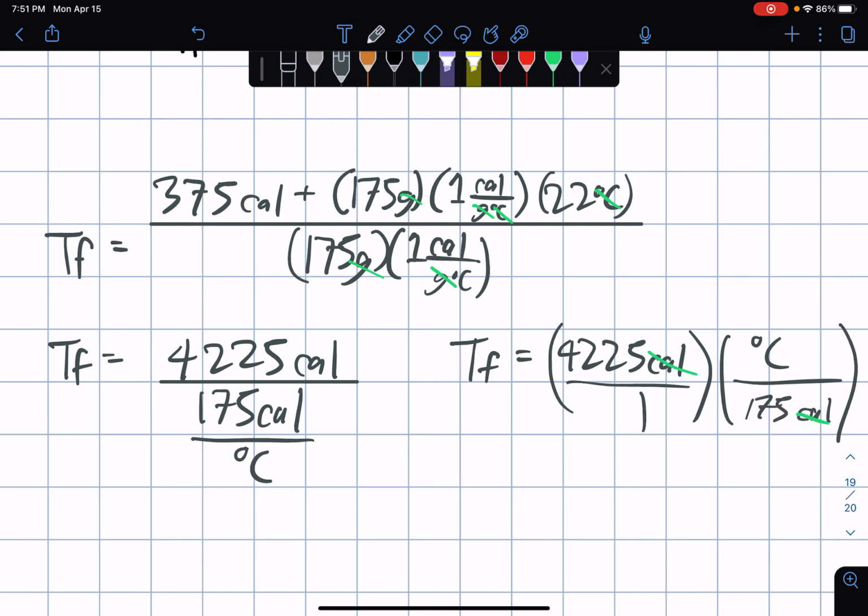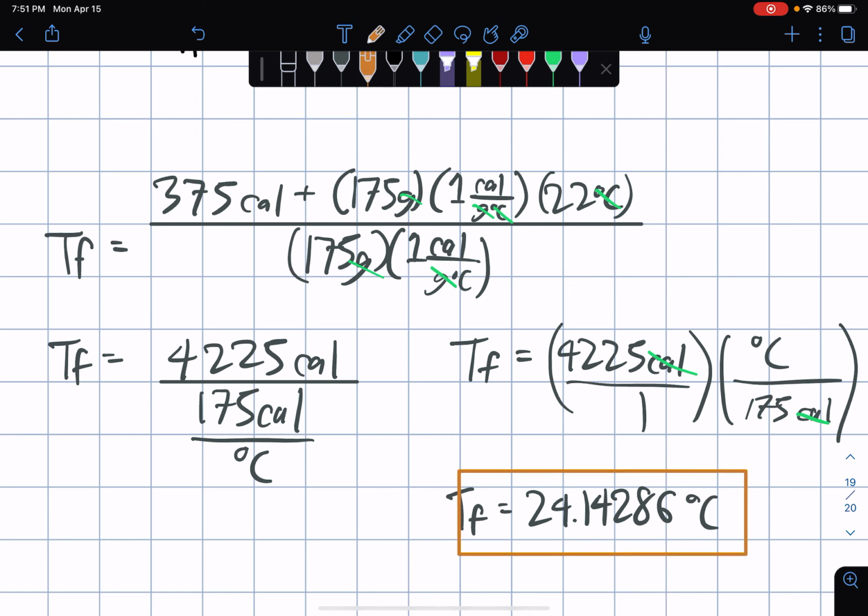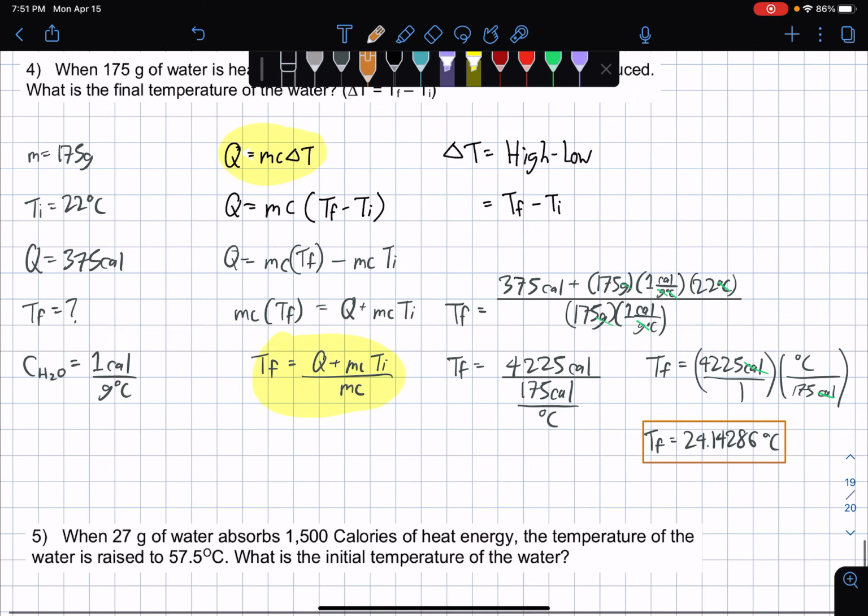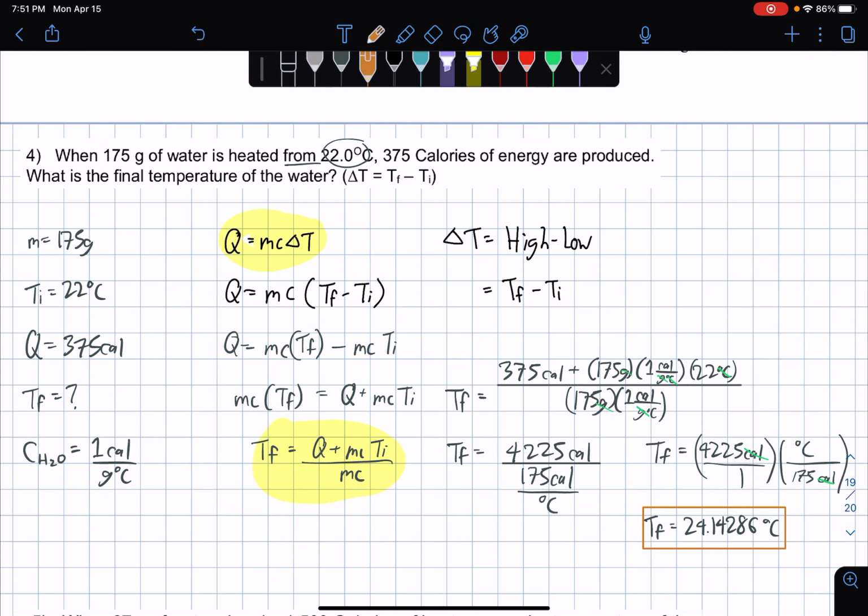Cancel. 4,225 divided by 175 is 24.14286 degrees Celsius. So definitely it rose by roughly 2 degrees Celsius, basically 24 minus 22.